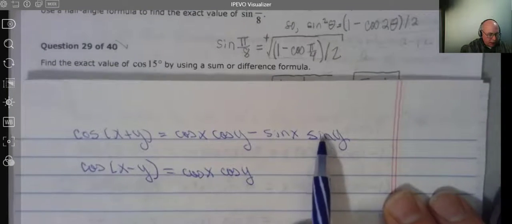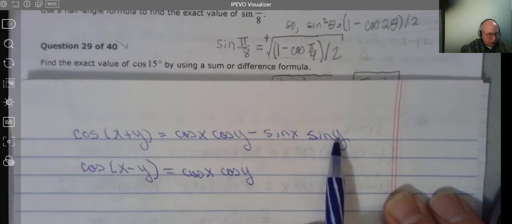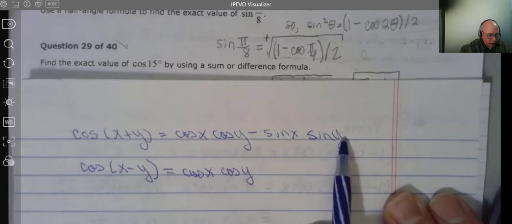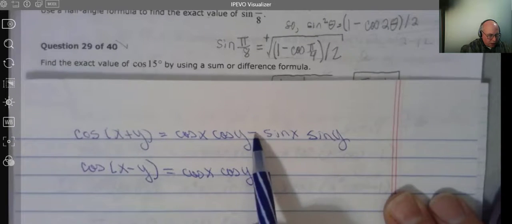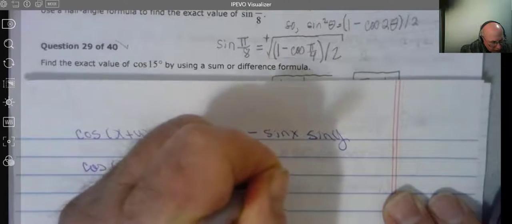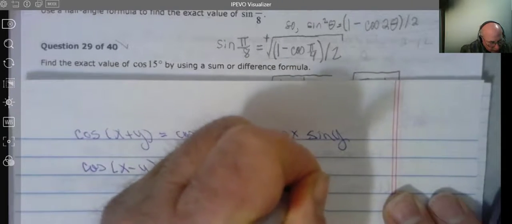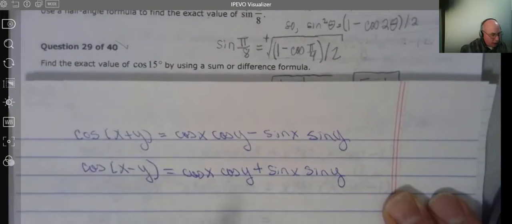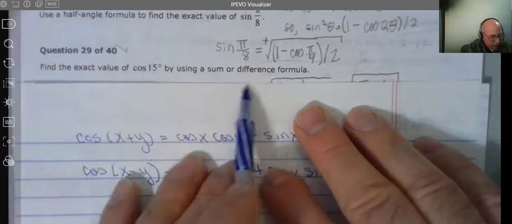Here, however, the sine of minus y is minus 1 times the sine of y. So replacing this by a minus y, that minus essentially pulls through and cancels this one out here. So we get plus sine of x times sine of y. And this is the difference formula that the problem is referring to.